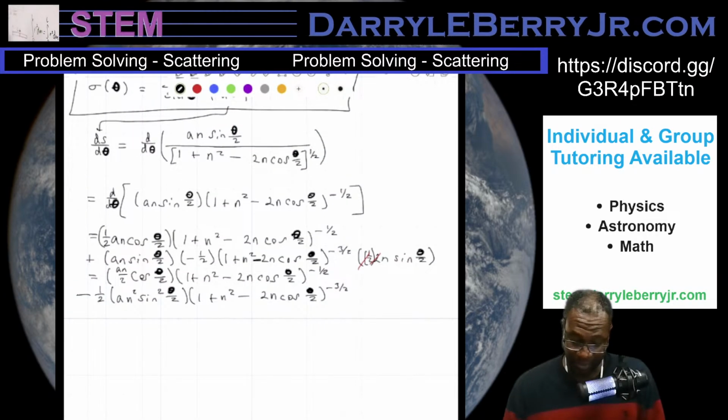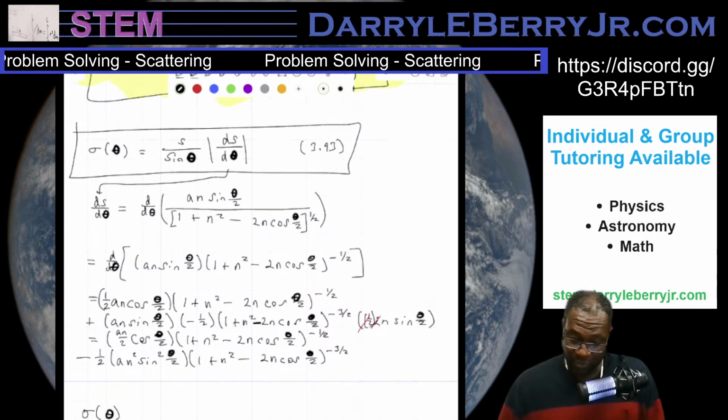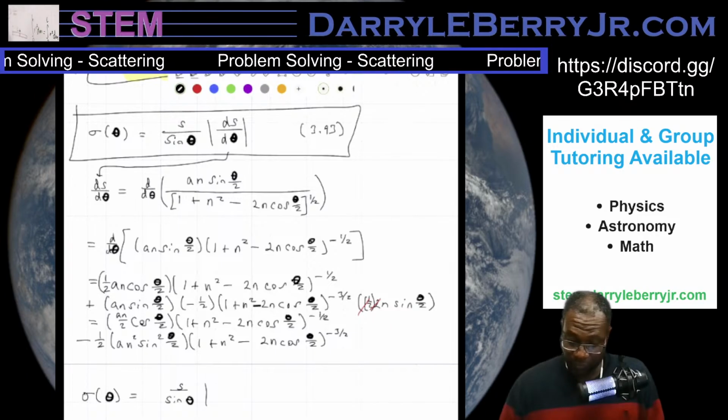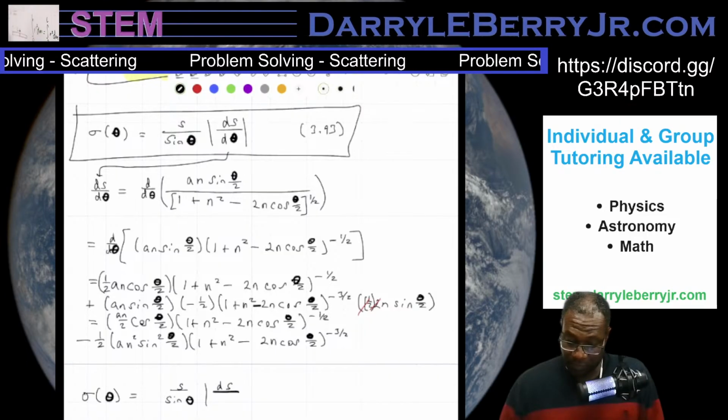Oops, I got that part. So we have sigma of theta equals s over sine theta times ds over d theta.